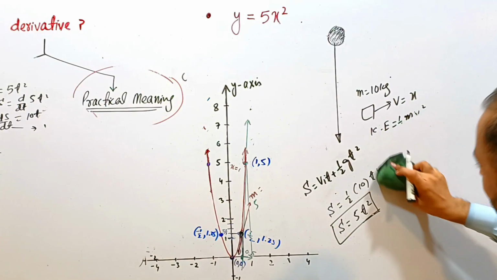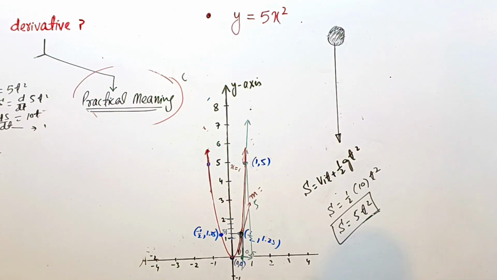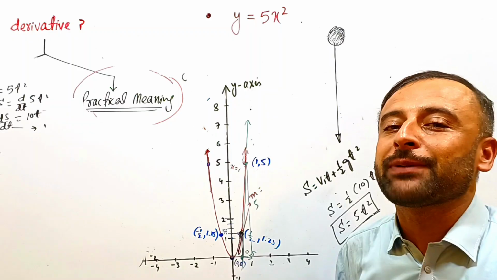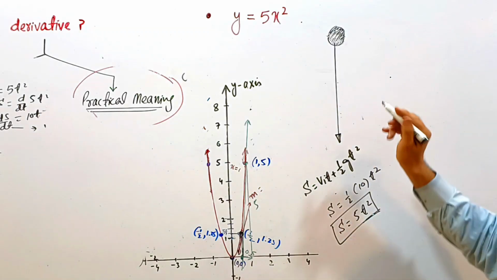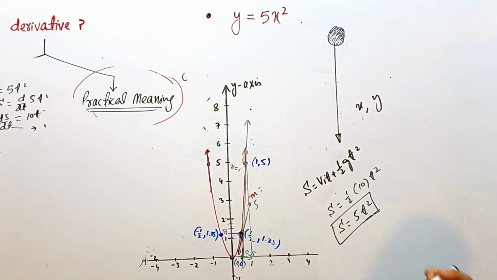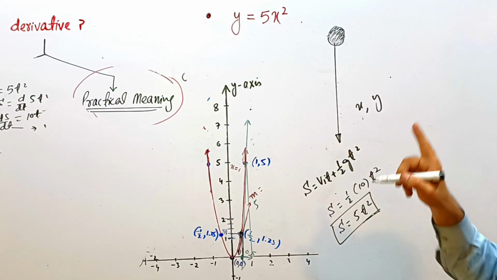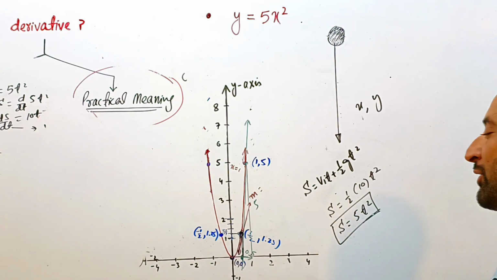So the point that I want to elaborate is, before explaining what the derivative represents practically, first you should know what these variables x and y represent. For example, if x is t and y is s, the derivative will show me the instantaneous velocity, like I will explain in a short while.